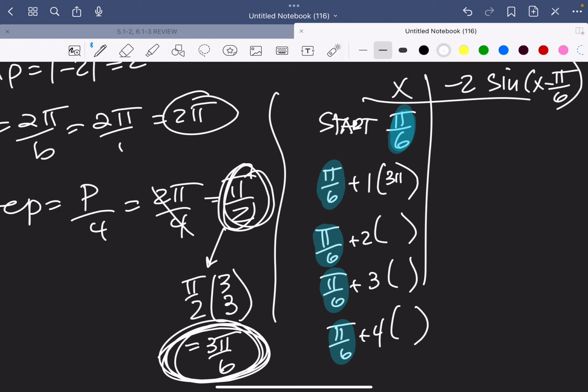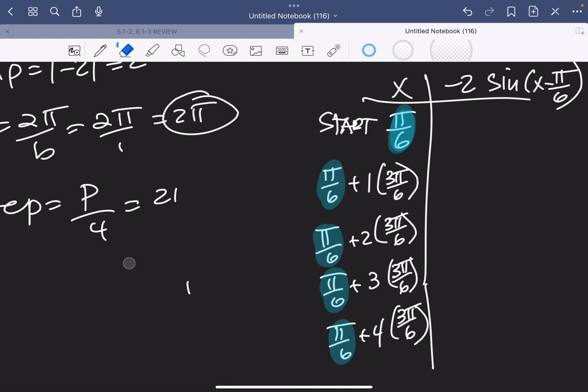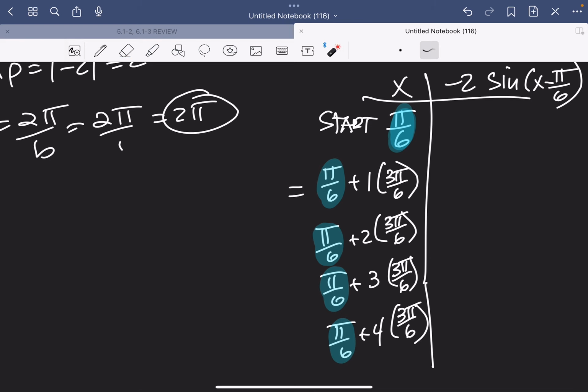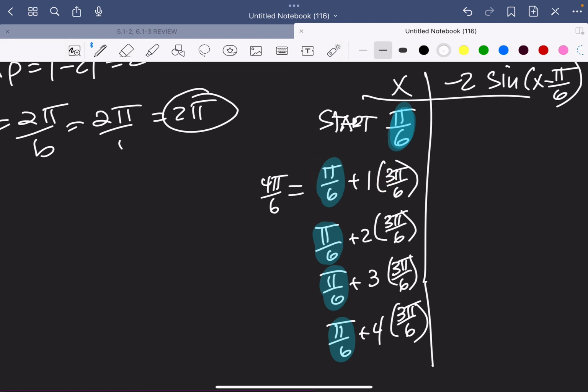Why is that great? Because every time in here, I'm going to add in 3 pi's over 6, or some multiple thereof, right? So why is that beautiful? Because look what we've done. Here you have pi over 6 plus 3 pi over 6 is a total of 4 pi's over 6. And then here we have 6 pi over 6, because 2 times 3 is 6 pi over 6, right?